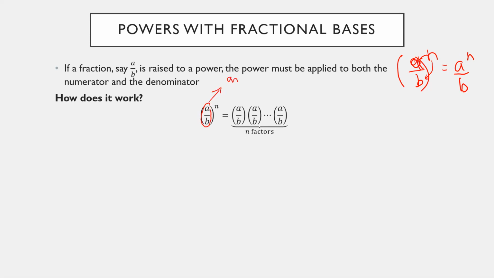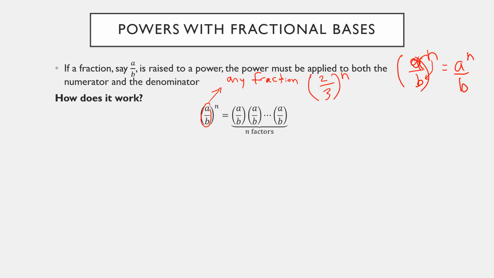We know that a fraction is made up of a numerator and a denominator. So let's make it easy and say that a is 2 and b is 3. So we have 2 over 3 to the power of n. If you're getting a little confused by the variables, let's just use a number. But it's the same idea here.